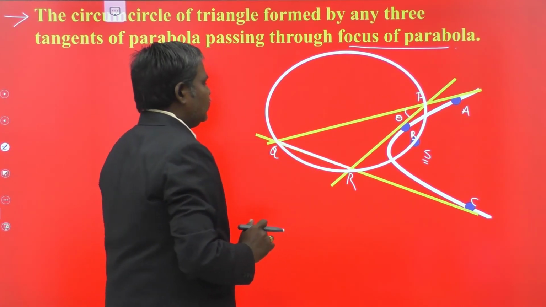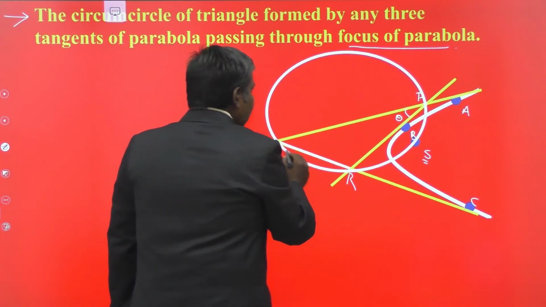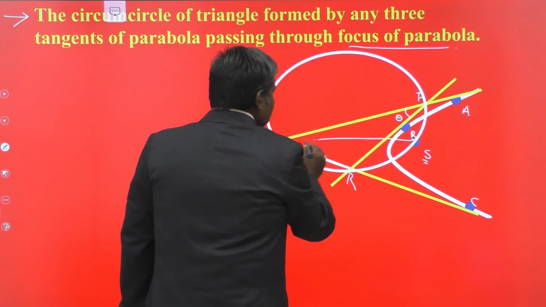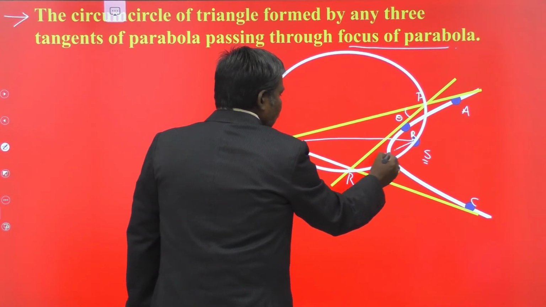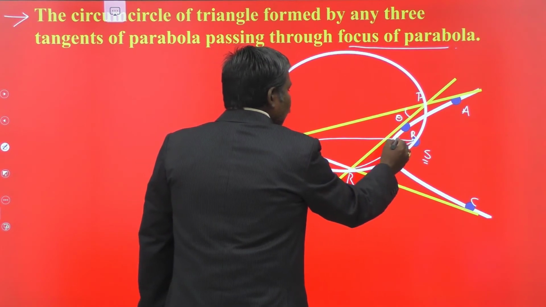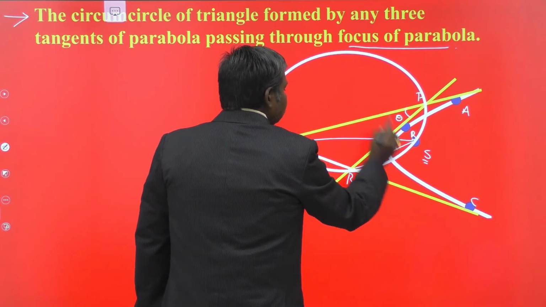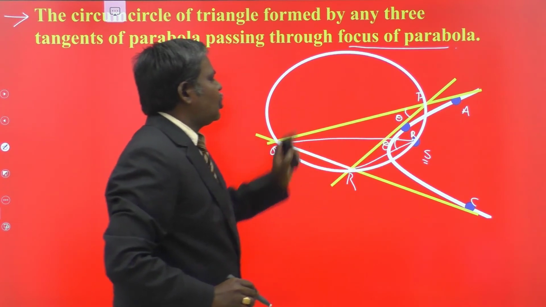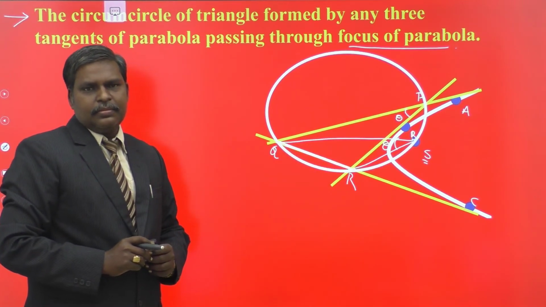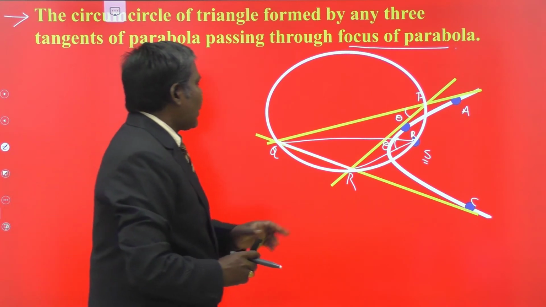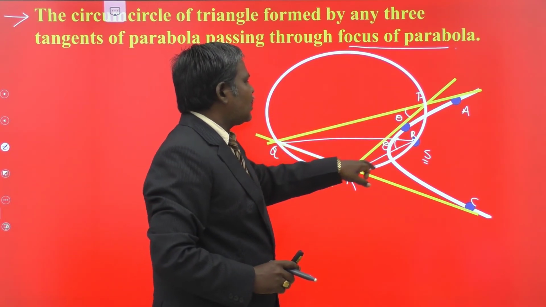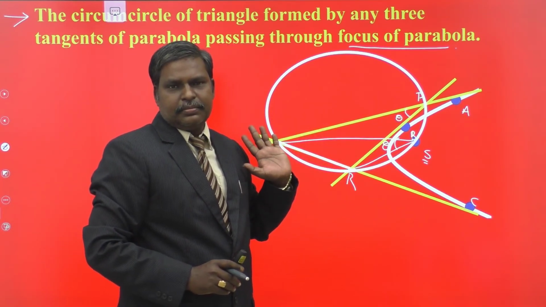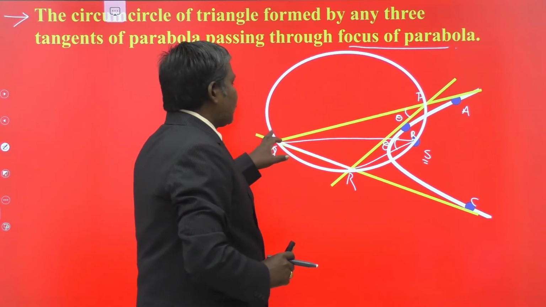If it is theta, now join Q to S as well as R to S. If you show that that angle is also theta, then your job is over. Angles in the same segment are equal.